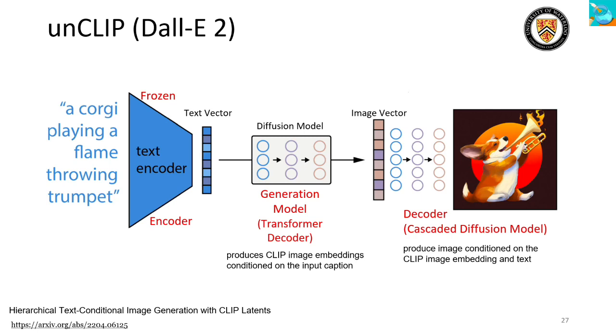Then it produces an intermediate latent, which we call the image vector, that is passed to the decoder, which is a cascaded super resolution diffusion model to produce the image conditioned on the CLIP image embedding and text.